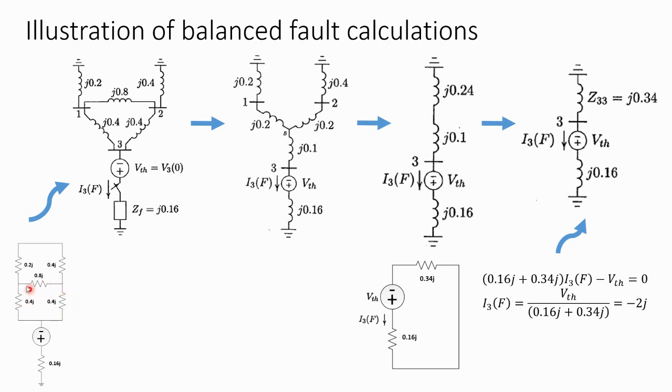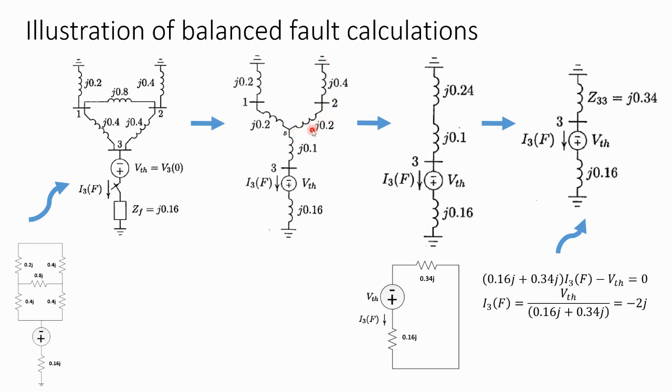So this delta has to be converted into the Y first, because this is a delta connection and we can't do anything with it. The only way we can simplify further is by converting it into the Y network, like this. Then the rest is quite clear.